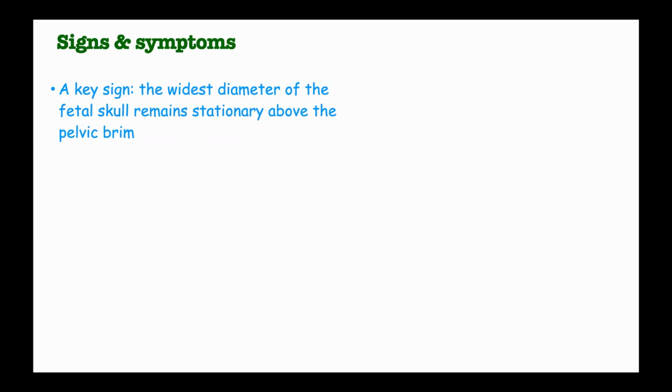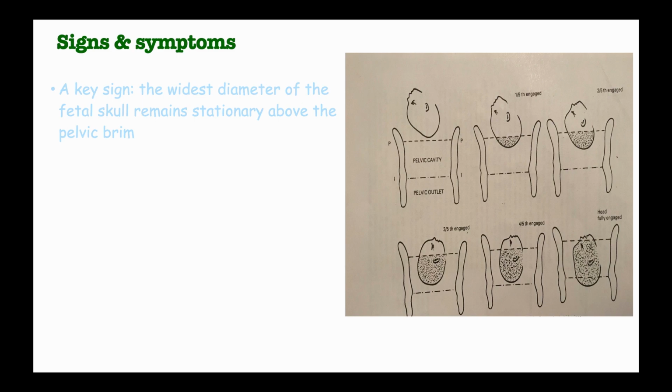A key sign is when the widest diameter of the fetal skull remains stationary above the pelvic brim. Now, when we look at this image over here, we discussed that the fetal head must pass through the pelvic brim, enter into the cavity, then gradually enter into the outlet to be delivered.